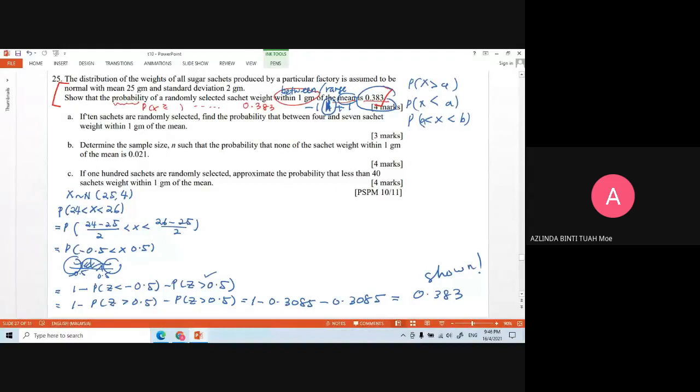Soalan yang seterusnya, number 25A. If 10 sachet, 10 dia dah bagi n. Ada bilangan sama dengan 10. So, distribution yang ada n hanyalah binomial. Jadi, binomial ada dua subtopik dalam chapter 10: sama ada the binomial itself ataupun binomial yang perlu convert kepada normal.